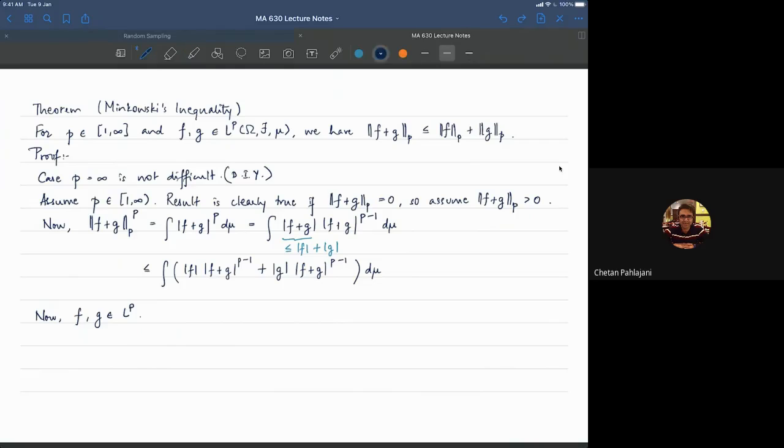Suppose 1/p + 1/q is 1. So what does this mean? This means that 1/q is 1 minus 1/p, which is of course (p-1)/p. And so what that gives you is that q is p/(p-1).